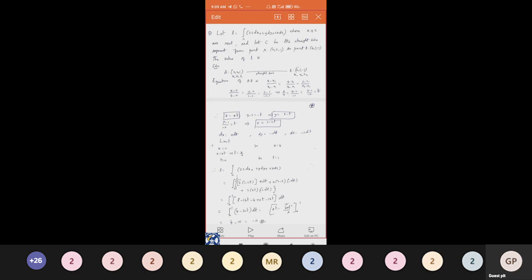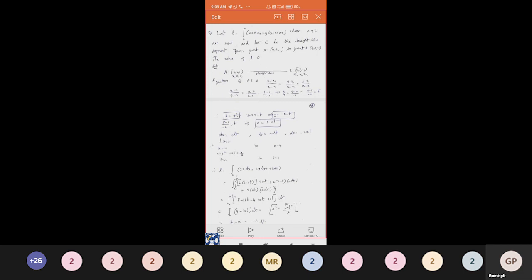Now we can simplify the proportional values. x minus 0 is x, 4 minus 0 is 4. So x/4 equals (y - 2)/(-1), which equals (z - 1)/(-2).